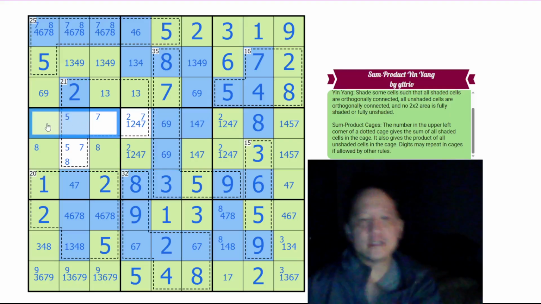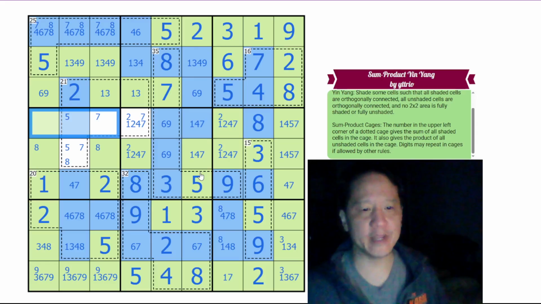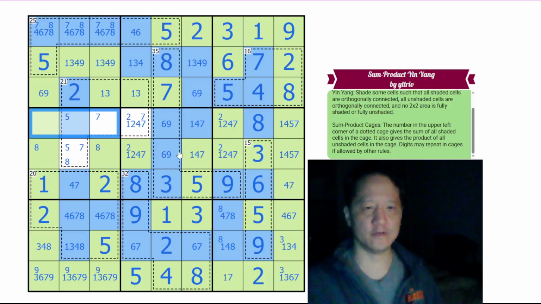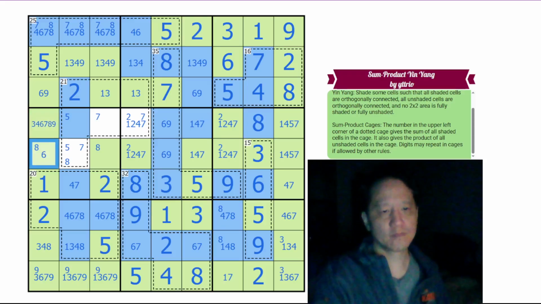Okay, remaining digits. Remaining digits of row 4. Actually, let's do column 1. 3, 4, 6, 7, 8, 9. No 3 here, no 8 here.